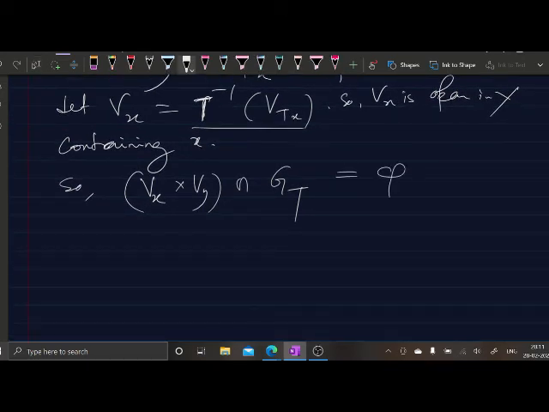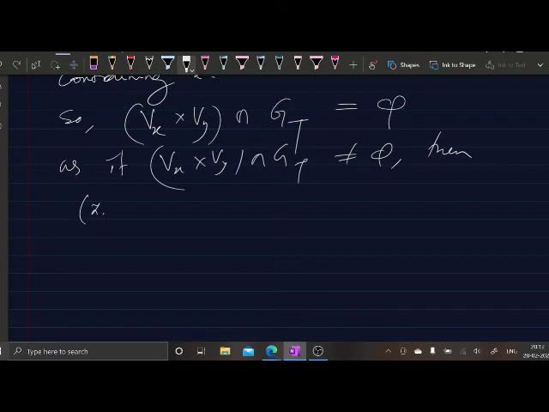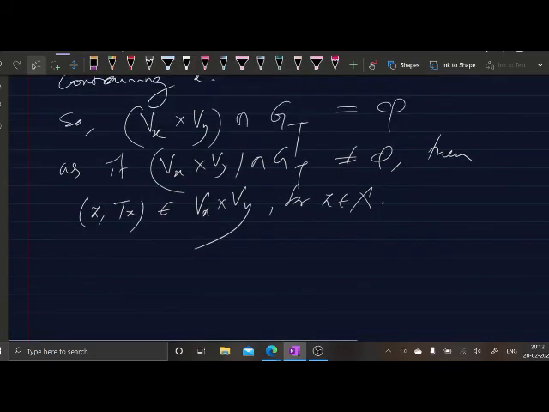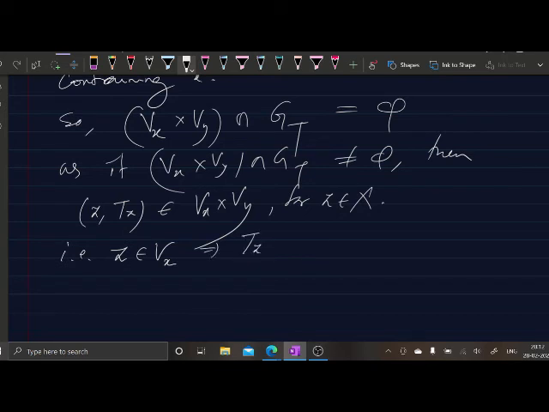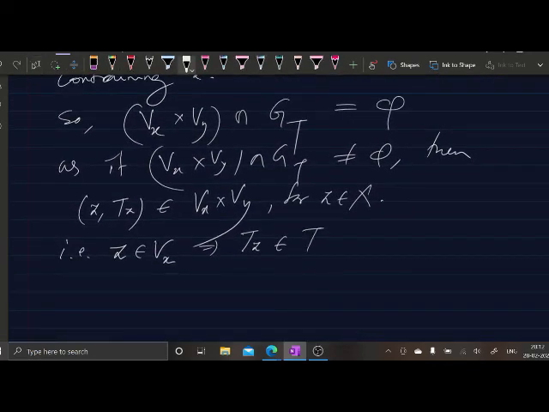This is phi, as if vx cross vy intersection gt not equal to phi, then some z, tz belongs to vx cross vy for z belongs to x. ঠিক আছে? তাহলে কি দাঁড়াচ্ছে দেখো তো, so that is z belongs to vx implies তাহলে tz belongs to t of vx.